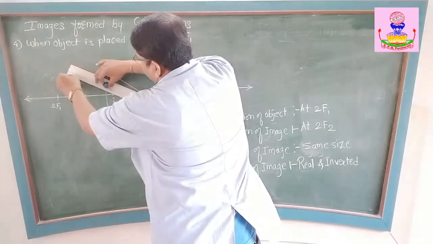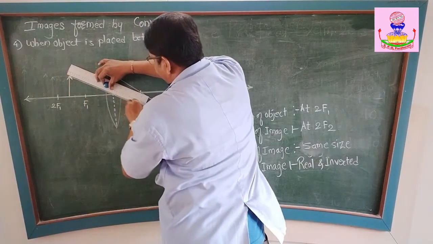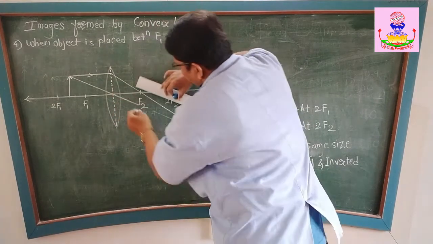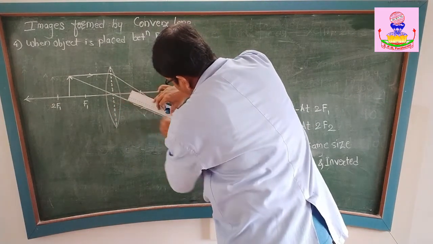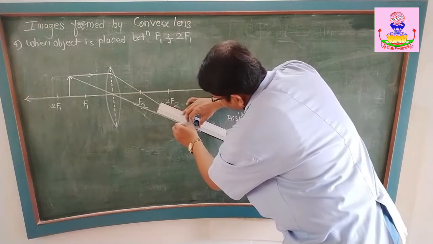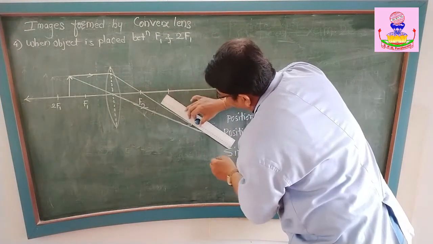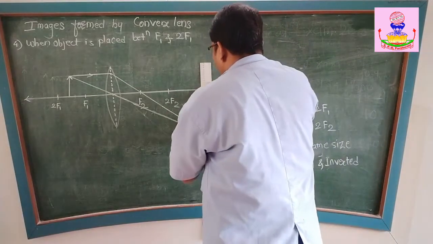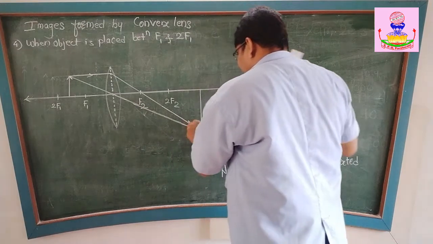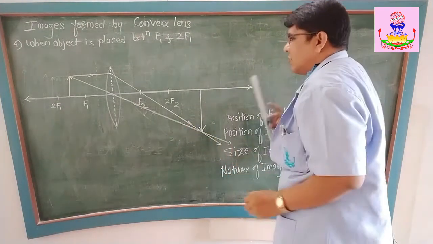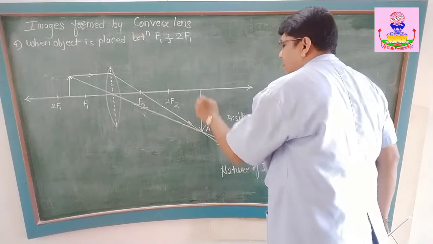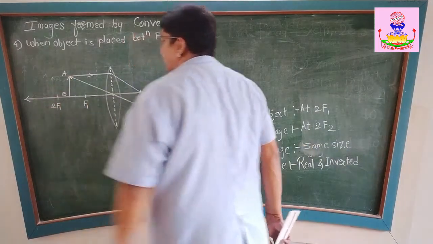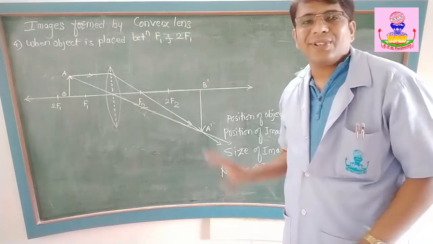Then the second ray of light passing through optical center goes undeviated. Right? So extend it, my dear friends, extend it. You can see the intersection here. So this is A dash, B dash, and this is object AB.